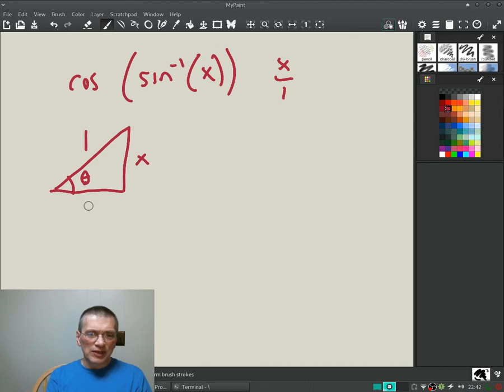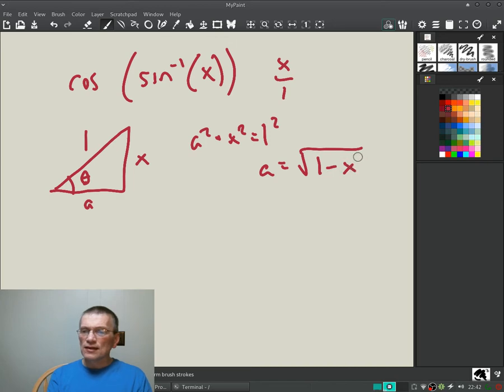Alright, so we can use the Pythagorean Theorem to find out what the other side is. We'll call it a. A squared plus x squared equals 1 squared. A equals square root of 1 minus x squared. That's what a is. So in this problem, we're asked to find the cosine of this angle.